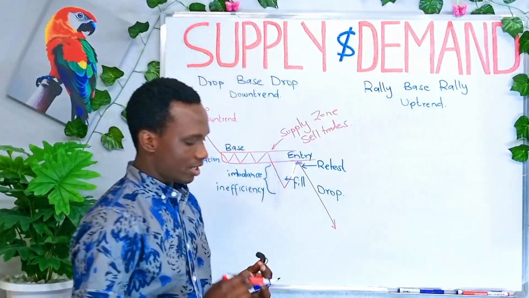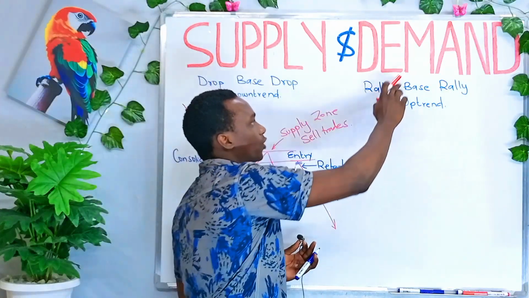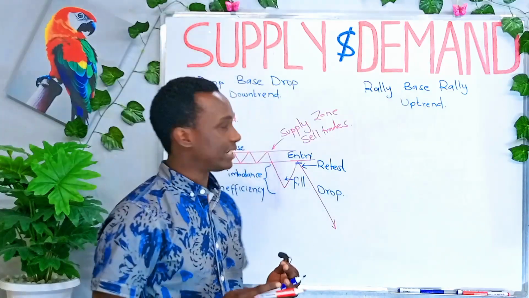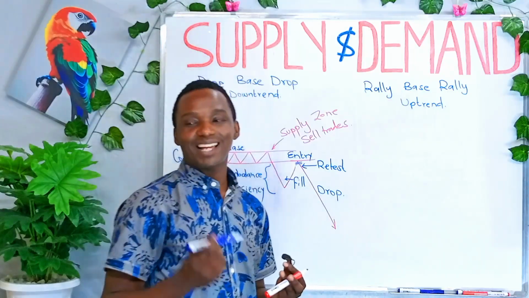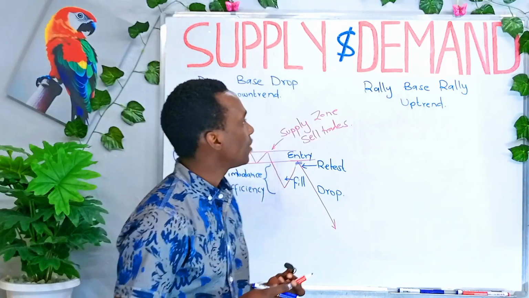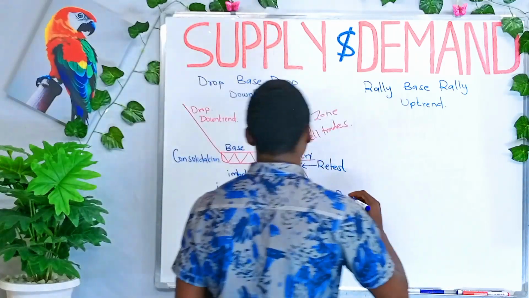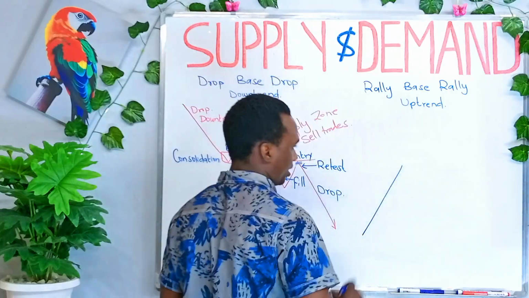Good. So the inverse is true when it comes to the demand zones. We said that the demand zones are created by rally base rally. In this case we find that the price is in an uptrend.